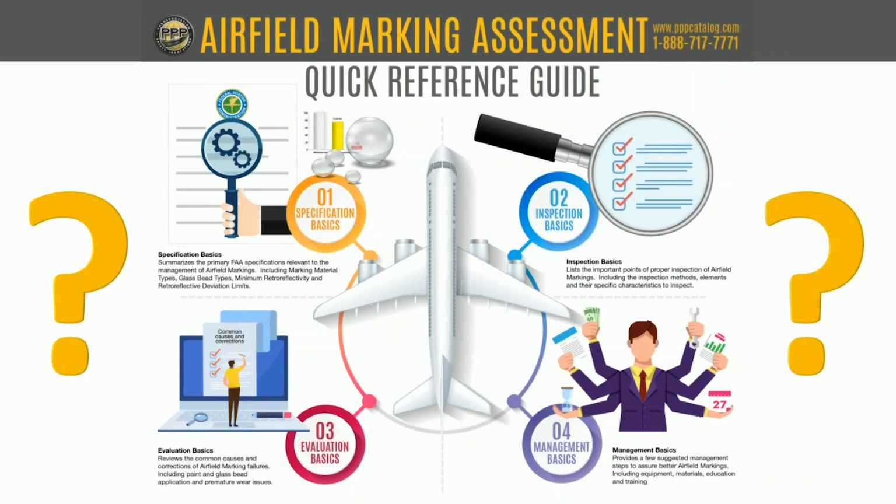Well, hello. Today we're going to fly through a four-part guide, providing a few details beyond the graphics. We'll follow the guide on the basics of specification, inspection, evaluation, and management. Our goal is to equip you with the uncomplicated information you need to ensure safer airfields through proper marking management.